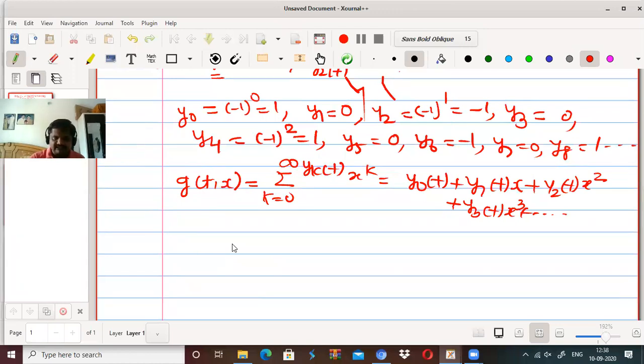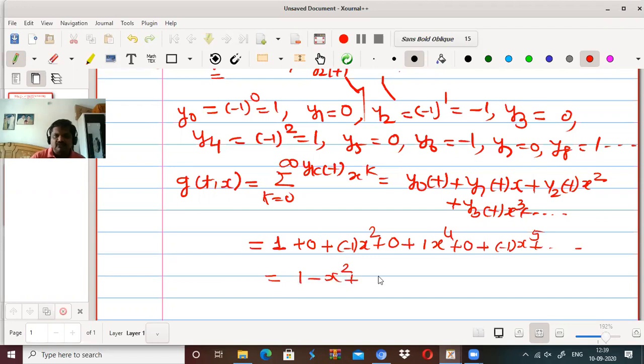So can I write this G(t, x) in this way: y0 is 1, plus y1 is 0, so 0 into x, plus y2 is what? Minus 1, minus 1 into x square, plus y3 is 0, plus 1 into x to the power 4, plus 0, plus minus 1 into x to the power 5 and so on. If so, this means 1 minus x square plus x raised to 4 minus x raised to 6, not 5, right?